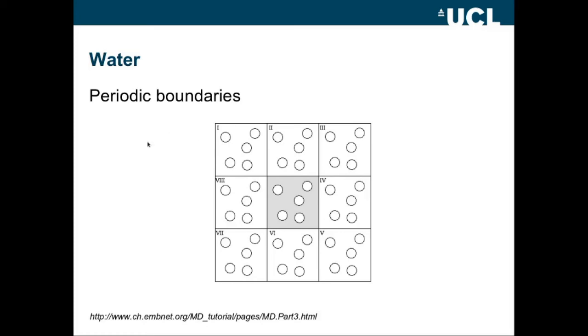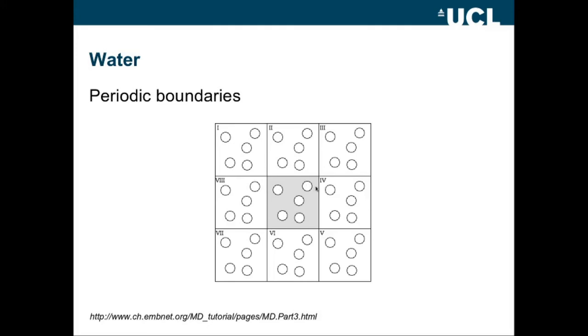So what we do is actually embed this box in a three-dimensional lattice of other boxes, and if, for example, this atom were to move to the right and enter this box, then what we do is pretend that it came in on this side of this box.